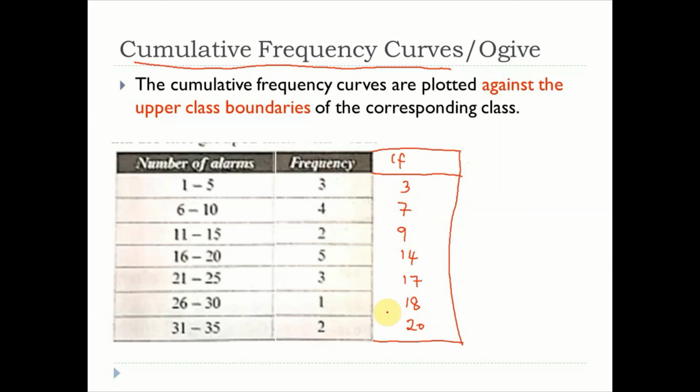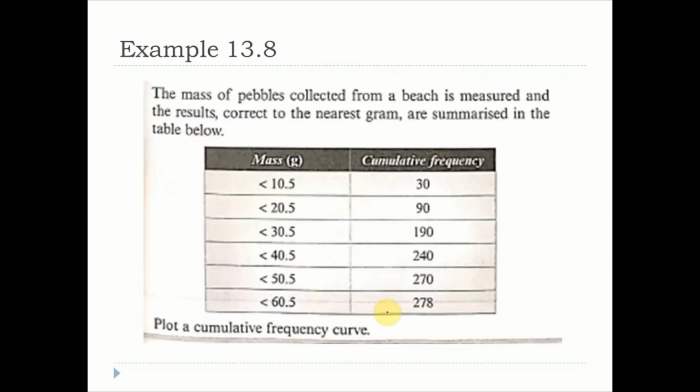Okay. So, kita tengok example of cumulative frequency curve. Example 13.8. Dia bagi data. Dia suruh plot a cumulative frequency curve. Okay. You punya data ni senang sebab dia dah bagi cumulative frequency terus, so tak payah kira cumulative frequency dia apa. Also, here you see that this is maksudnya less than 10.5, less than 20.5, less than 30 and so on.